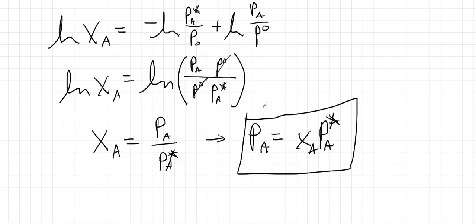And notice that we got it from making just two assumptions, that the solution that we're talking about is ideal, and that the gas above that solution, the vapor that's forming from that solvent, is an ideal gas. Once we get that, we get Raoult's law. So Raoult's law is a consequence of ideal solution theory. Okay, Raoult's law is a consequence of ideal solution theory.